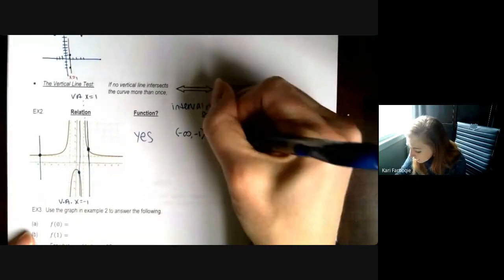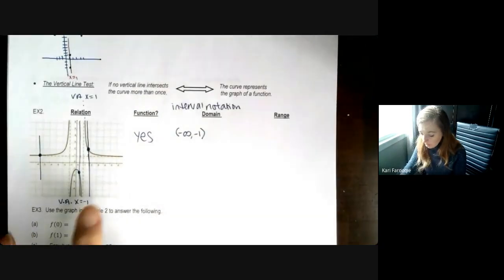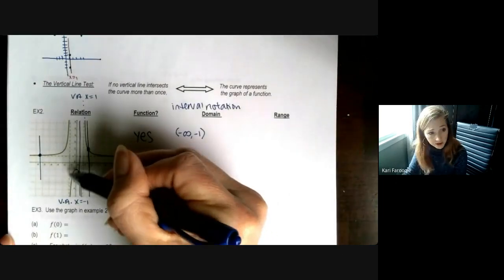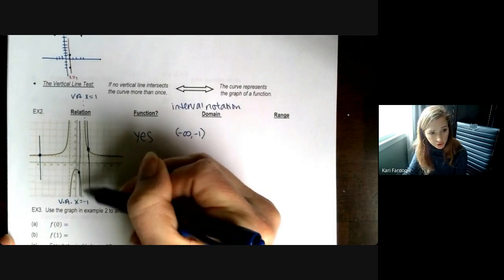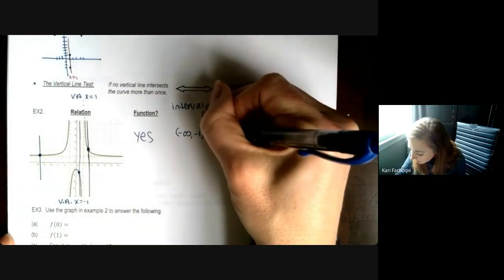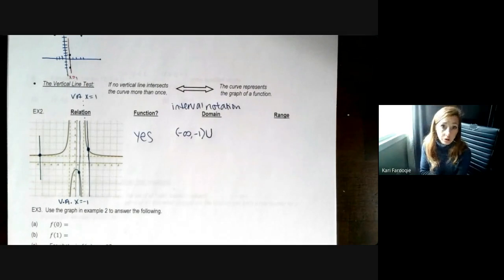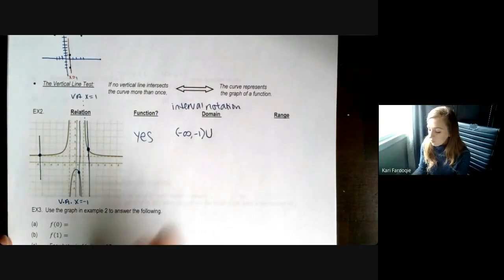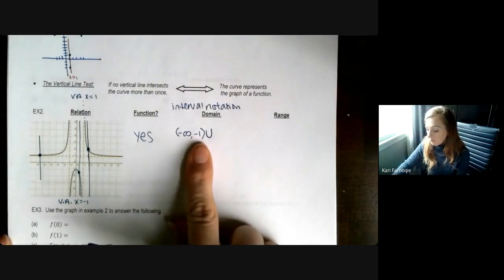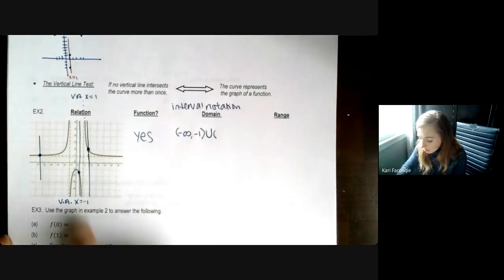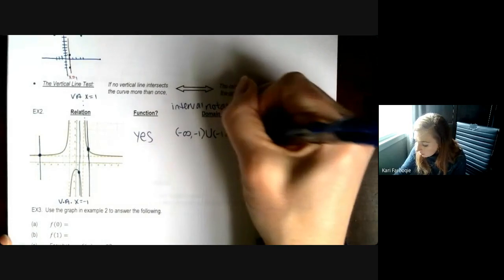But then we can pick these values back up again because you'll notice the graph exists between -1 and +1. You've got this little chunk of the graph. When you pick up another piece of the domain, we connect these with a union symbol. So we're saying, okay, x can exist here, and then we're also going to connect that to the next interval between -1 and +1.